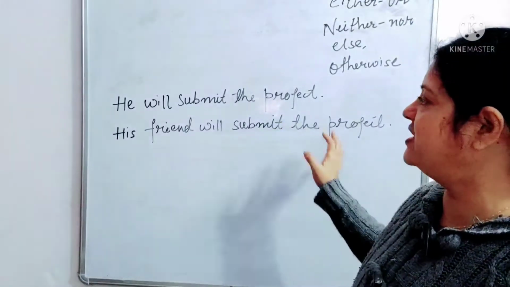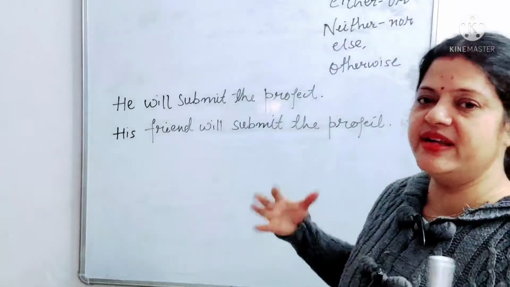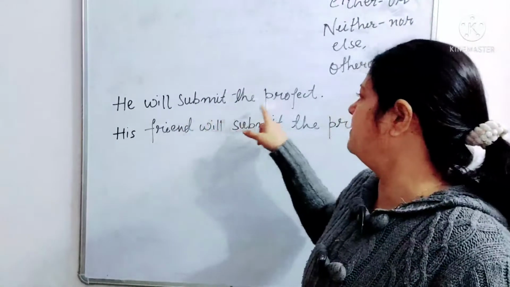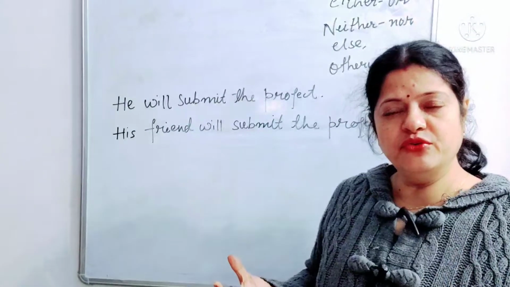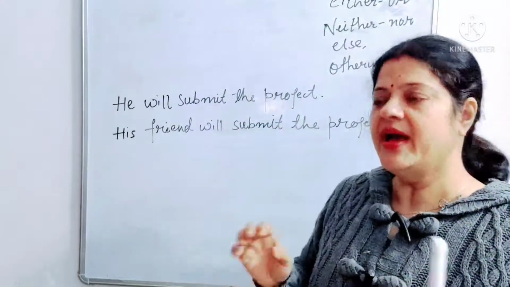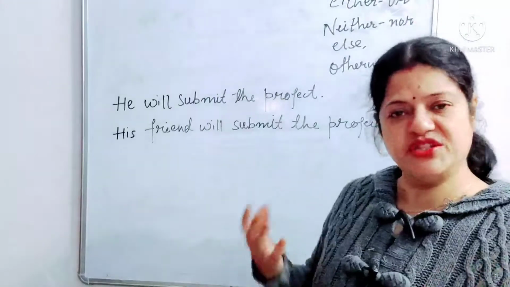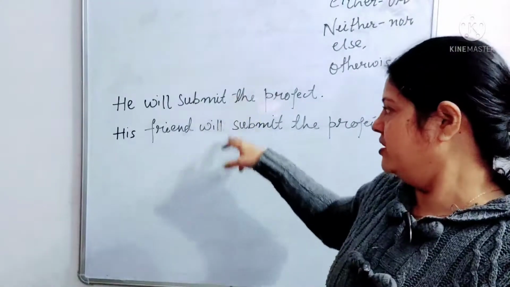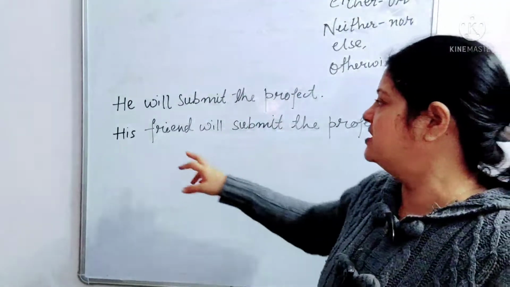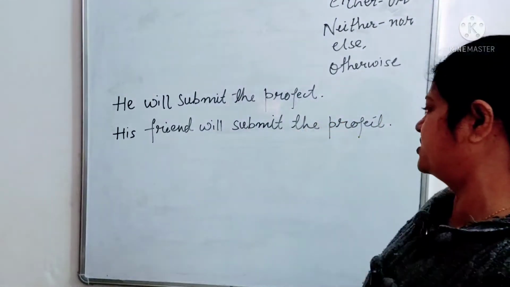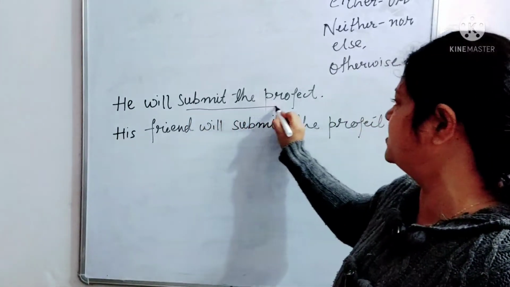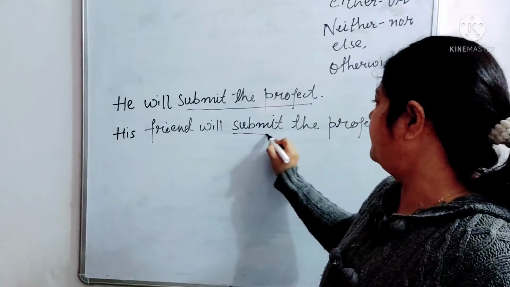First we need to see which part of the sentence is the same. So we need to see first which part of the sentence is the same and which part of the sentence is different. Okay, so here are 2 sentences. He will submit the project, his friend will submit the project. So here we see this part, submit the project and submit the project.